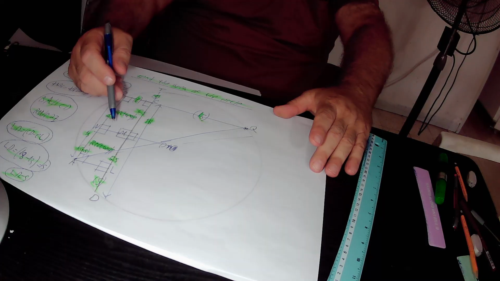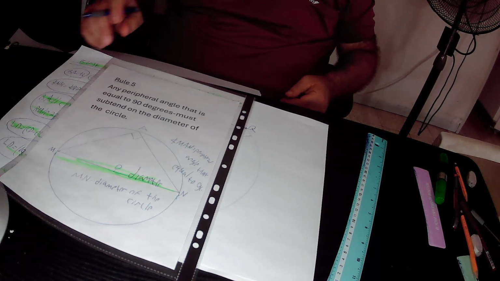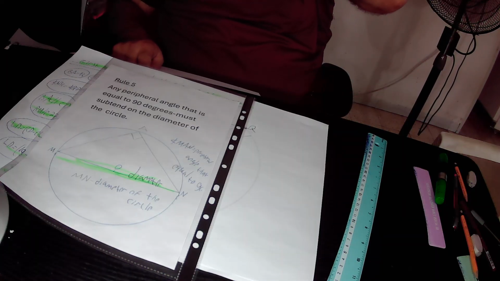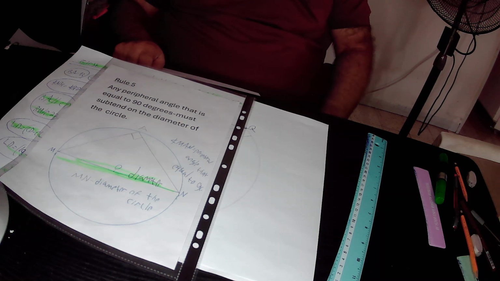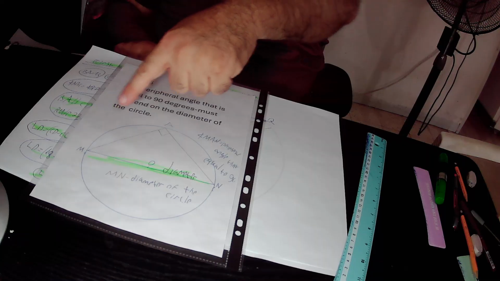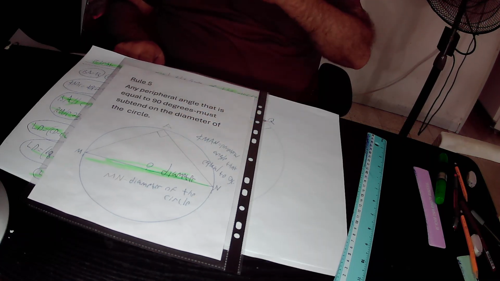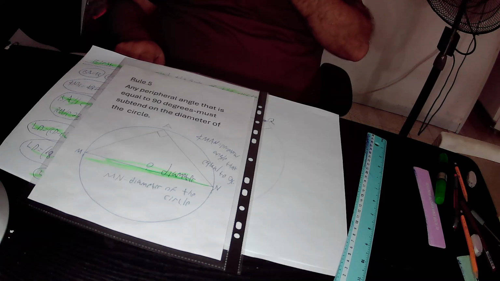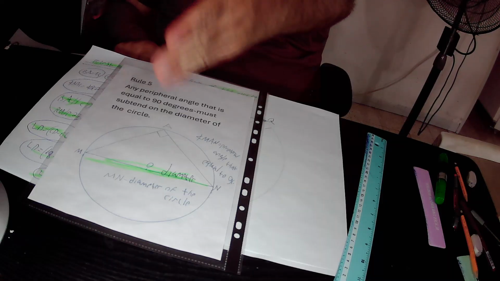So here we can implement rule 5. Let me repeat rule 5 quickly. According to rule 5, any angle that is equal to 90 degrees in its size must subtend on the diameter of the circle. So in the drawing we have a circle. This is angle MAN, that is equal to 90 degrees, and therefore according to rule 5, angle MAN must subtend on the diameter of the circle.